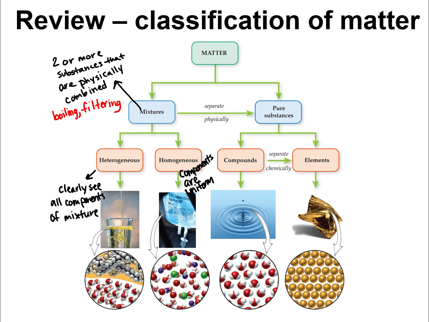Cool. Now we'll go to the right side of the flowchart. We'll talk about pure substances. Pure substances have a definite composition.